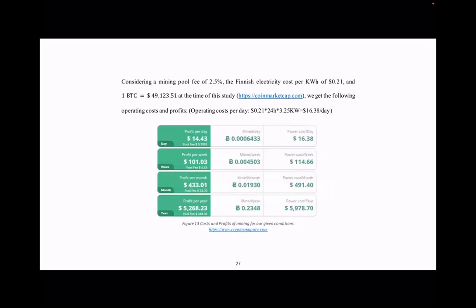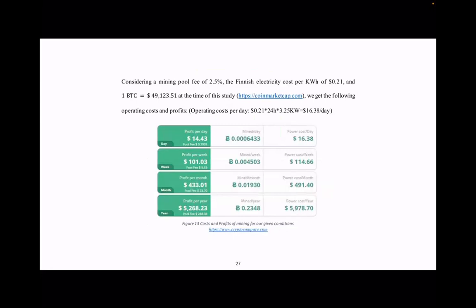Just to let you know how much it fluctuates. Using the CryptoCompare website, we were able to find out, using the specific hash rate of our machine, how much profit we could generate by mining Bitcoin.